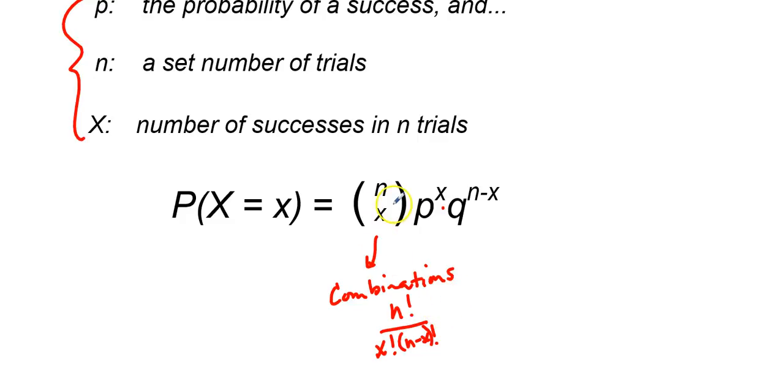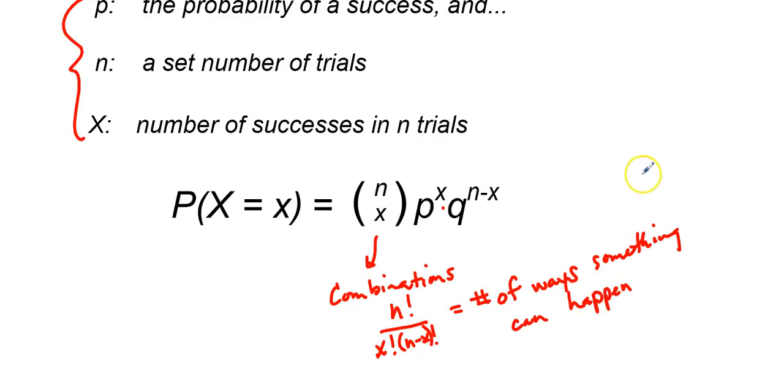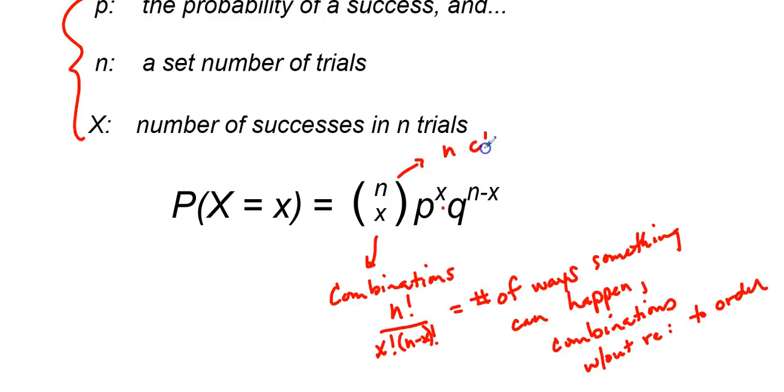If you need that, you can calculate the number of ways something can happen, or arrangements or combinations without regard to order. This is pronounced n choose x.